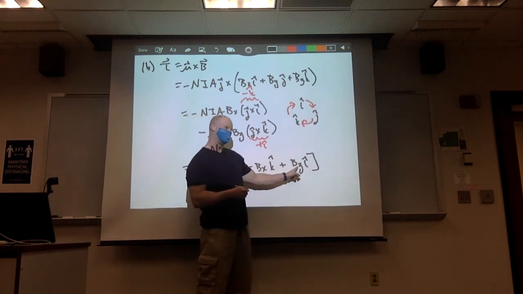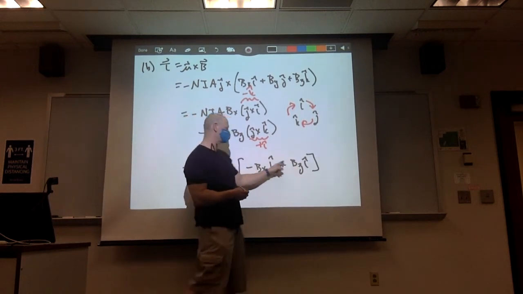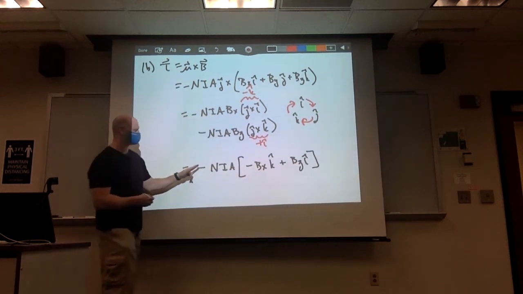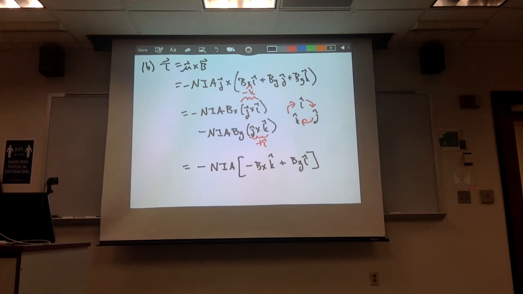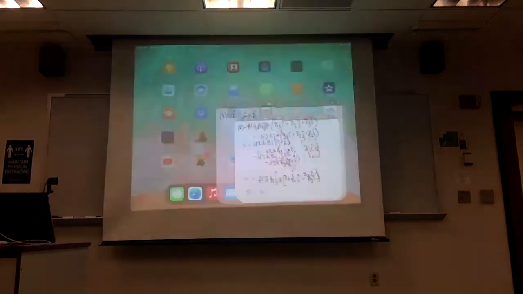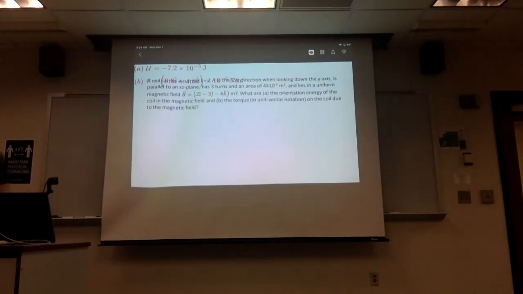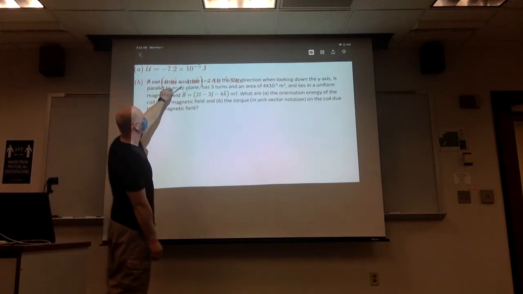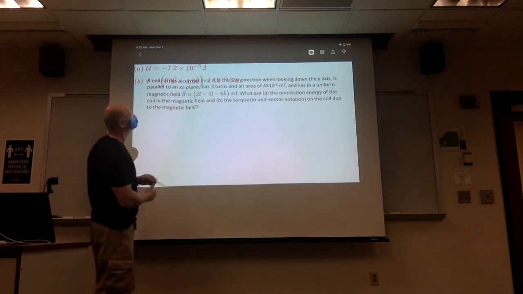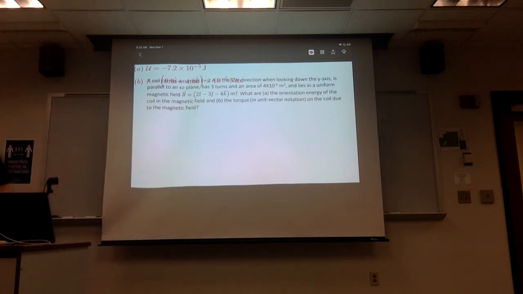Bz we know is negative, so that's negative 4 millitesla. So a negative sign here and a negative sign here kill off this negative sign, which makes the whole thing positive. When I plug in my numbers, my torque becomes 9.6 in the I hat direction plus 4.8 in the K hat direction, all times 10 to the minus 5.